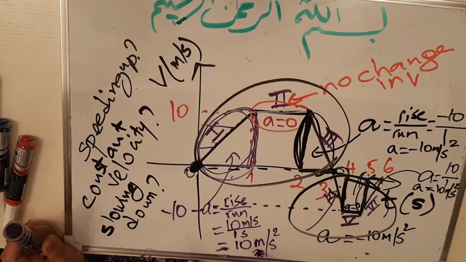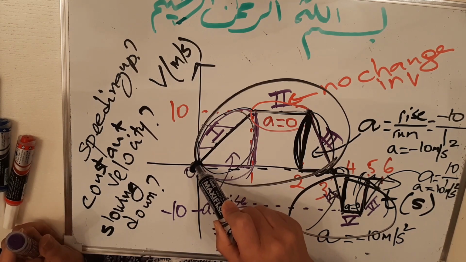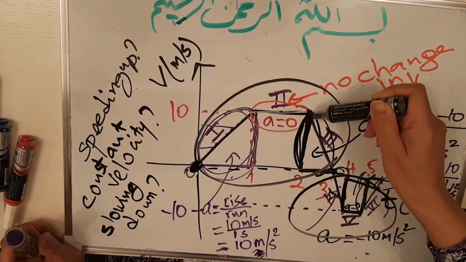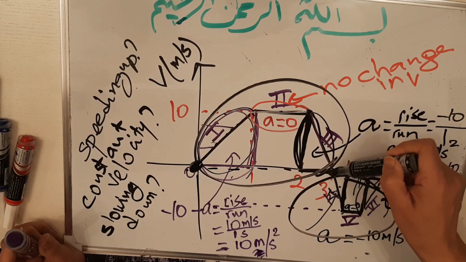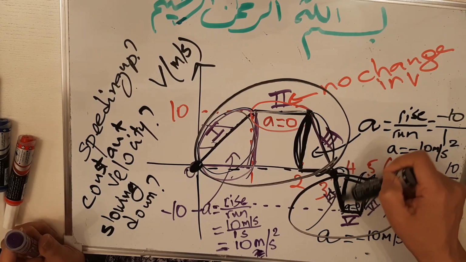Whenever the velocity is going towards the 0, whether you are in the positive direction or the negative direction, you are slowing down. So here, velocity is going away from the 0. Here it's constant. The velocity is going down towards the 0. This is the 0. Away from the 0, so you're speeding up in the negative direction.